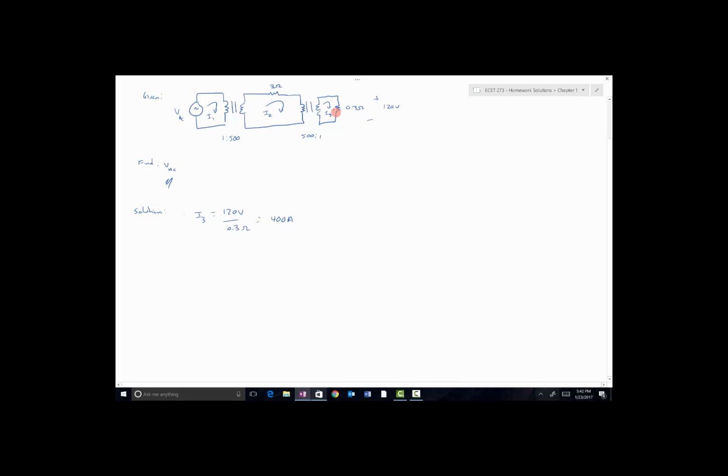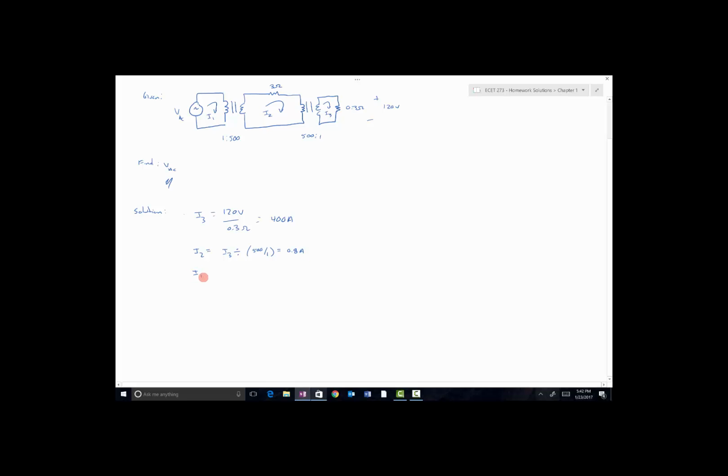I know that I2 and I3 are related, the currents are related by the inverse of the turns ratio, so I can just solve for I2. That's going to be equal to I3 divided by 500 to 1, and so that's going to give me an I2 of 0.8 amps.